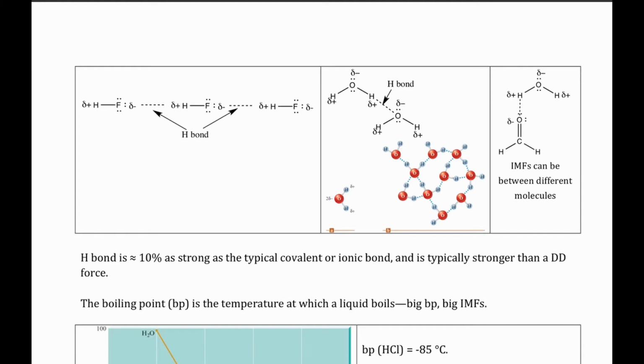That is to say, IMFs can be between different molecules. Formaldehyde and water are soluble together.